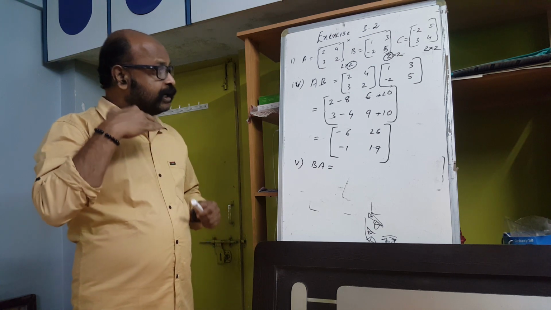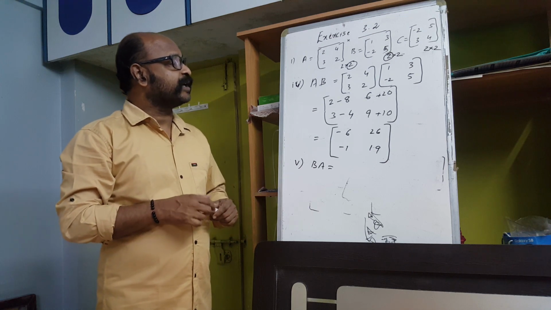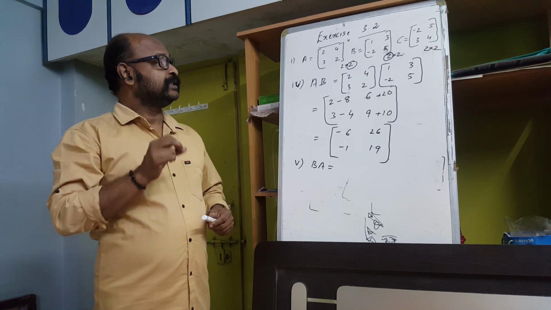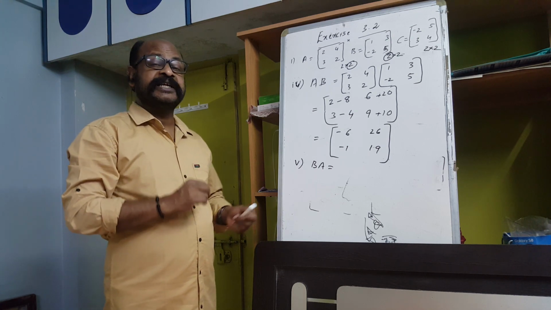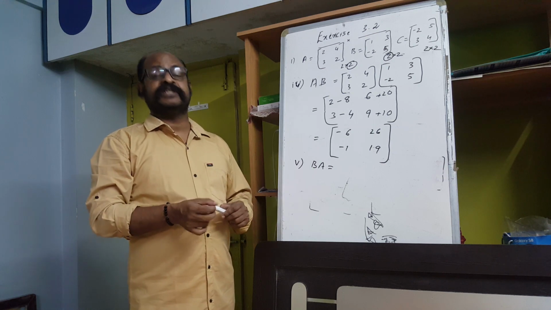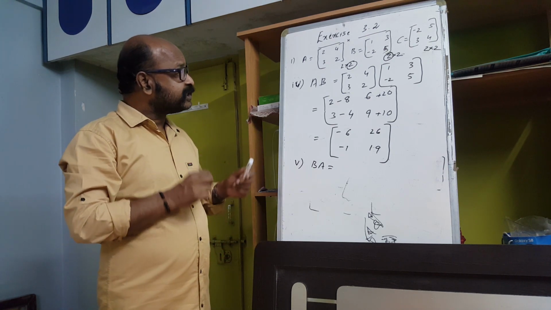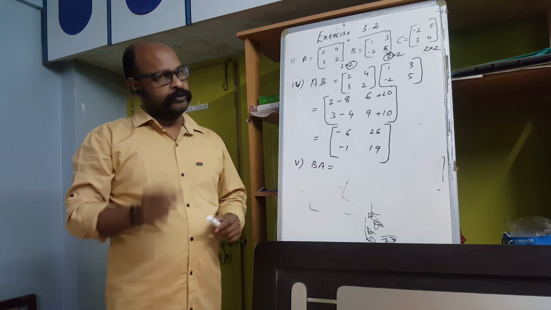And according to the condition for multiplication of matrices, in some cases both products AB and BA are possible, but they are not equal.